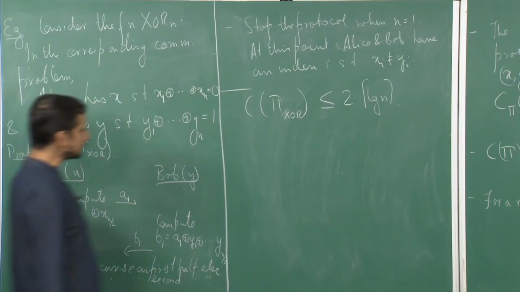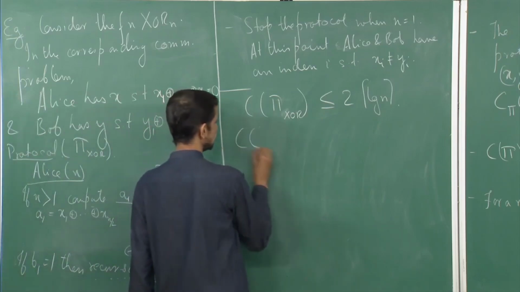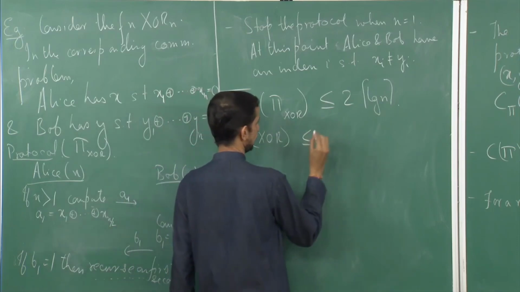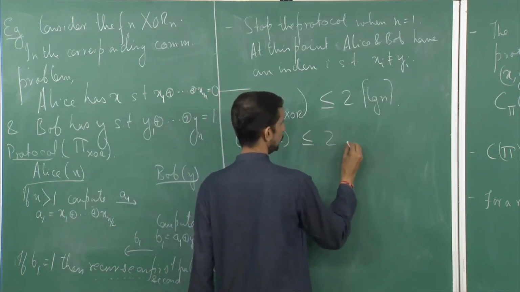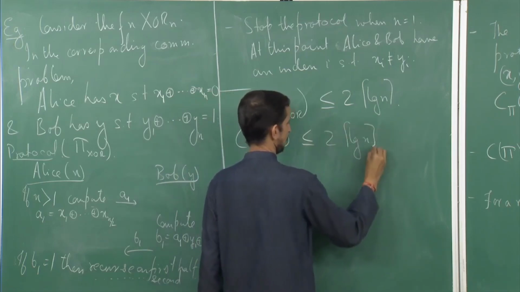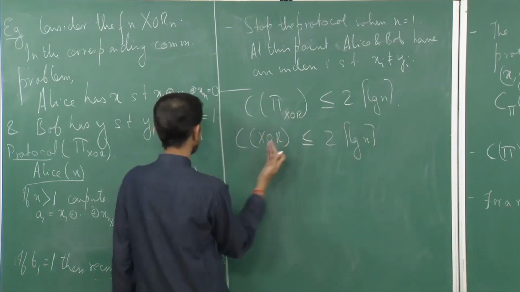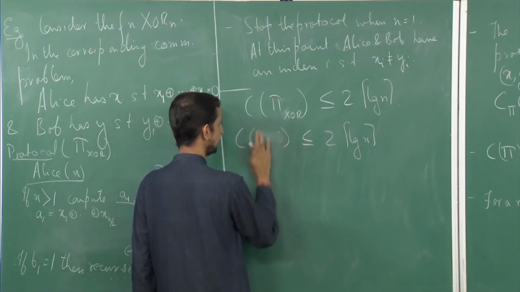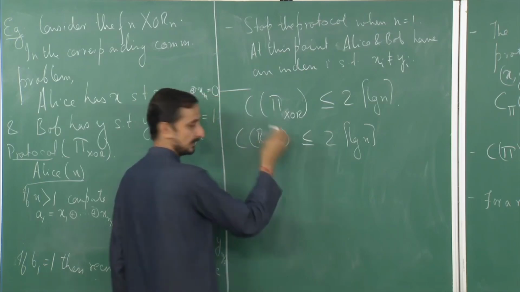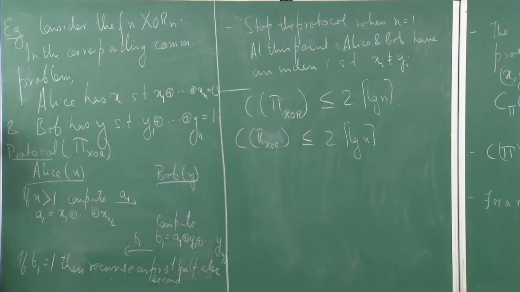Which means that the communication complexity of XOR is at most 2 log n. Actually I'm not looking at exactly XOR, but the relation corresponding to XOR. I haven't defined it formally, but you can define the relation corresponding to the XOR function.